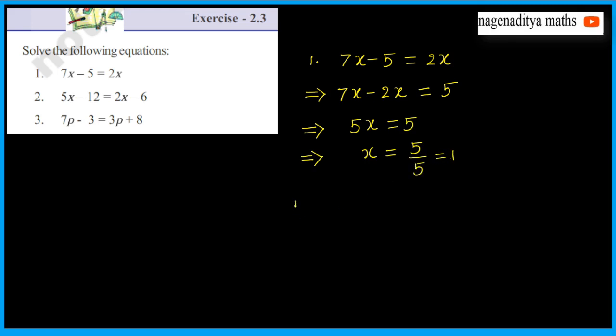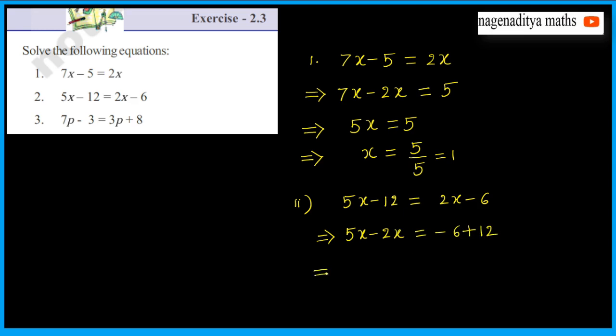Okay. Second problem. 5x minus 12 is equal to 2x minus 6. So this implies write the x terms in one side. So we get 5x minus 2x is equal to minus 6 plus 12.